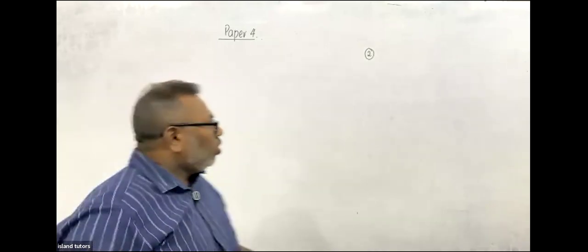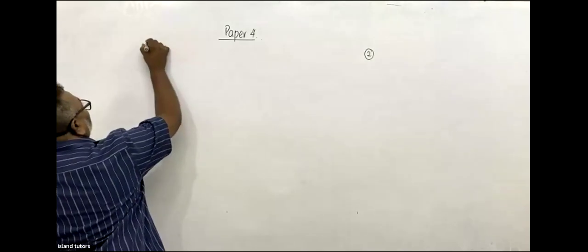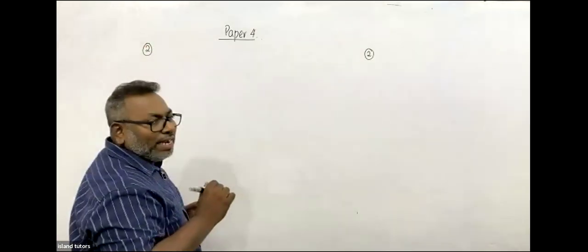They're saying find the equation of a straight line which passes through the origin and 4 comma 2. So question number 2, what is the straight line equation?